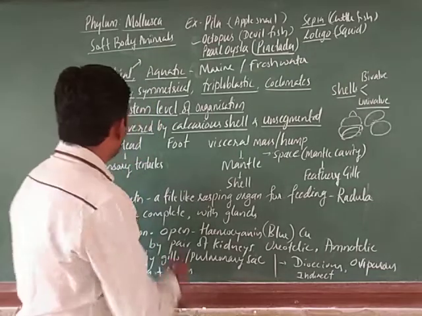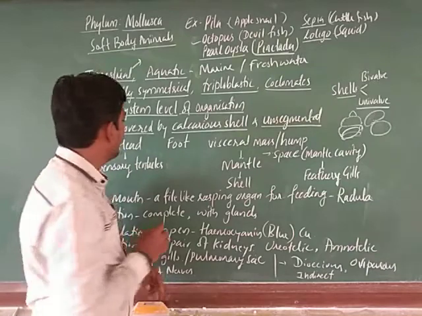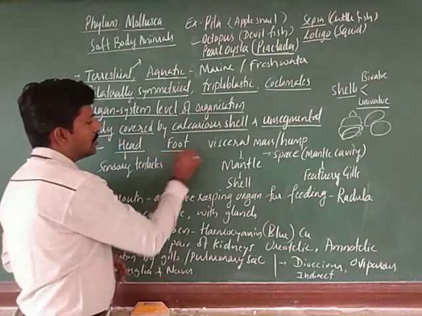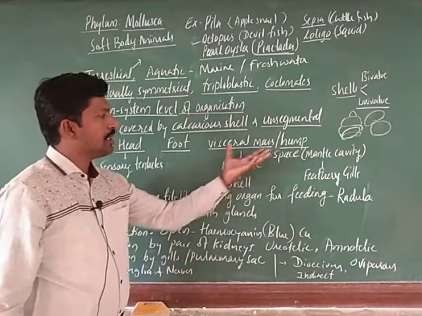The body has three major parts: the head portion, the foot, and the visceral mass, also called the hump, which is the major part of the body.